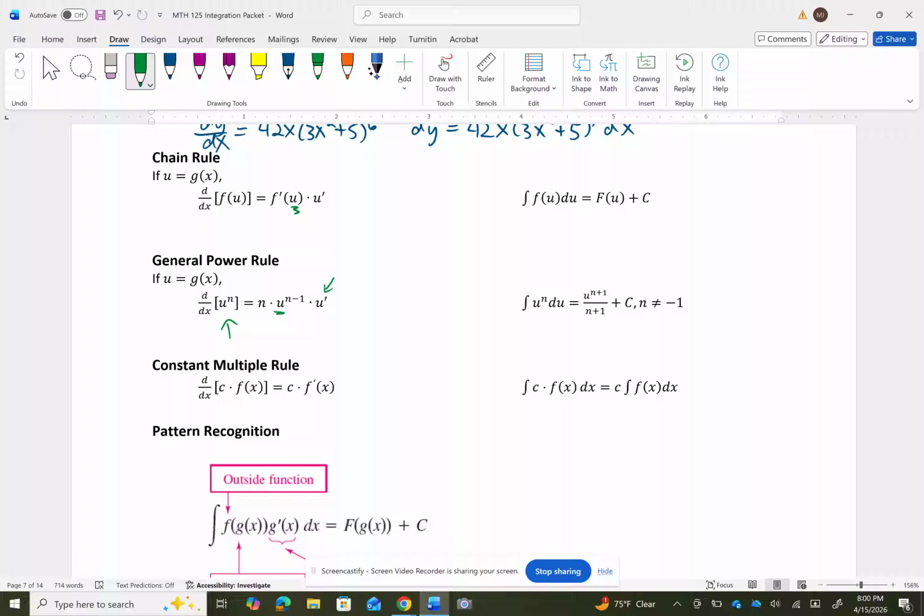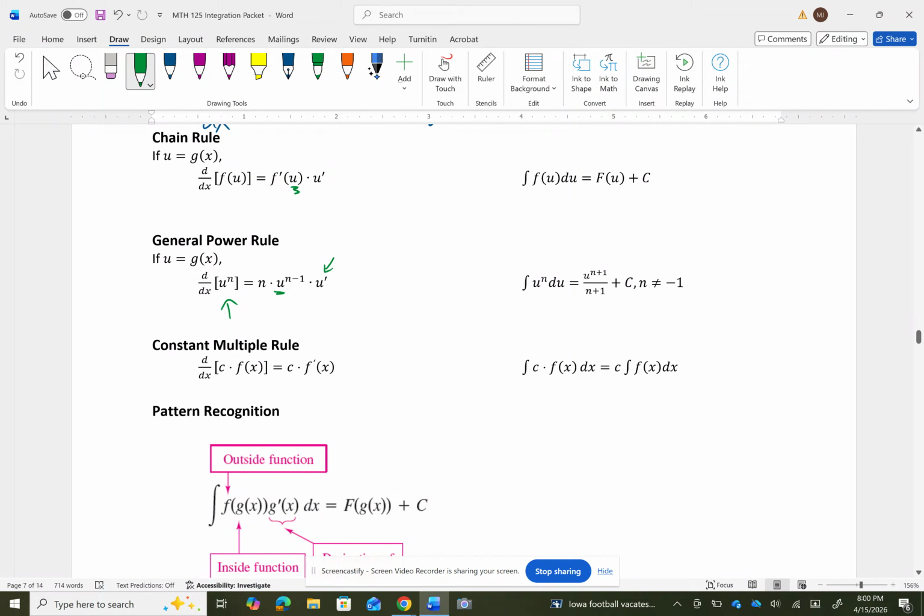Well, we were working on reversing the power rule in the previous section already. So we kind of knew that idea of we need to add 1 to the exponent and then divide by that. So that's going to come into play here.